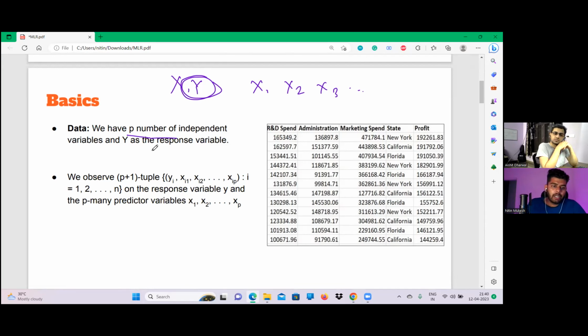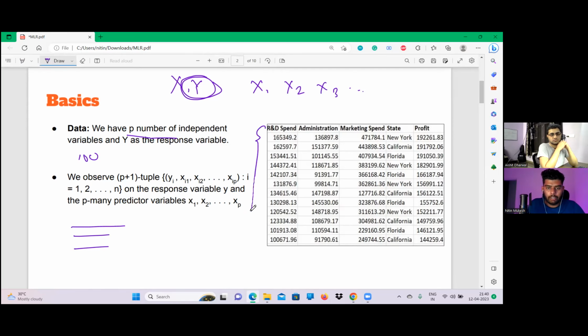Now the second thing is to understand the basic notations, because notations are important here. Let's say this particular data has 100 rows, and we have 5 columns. We represent our first observation of the target as y1, then we have y2, something like that.